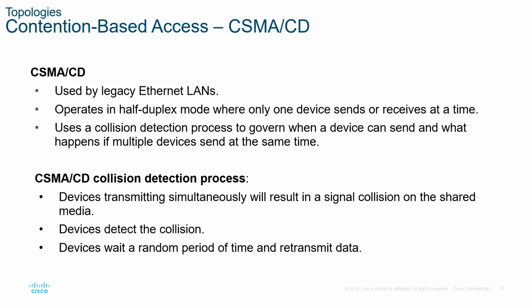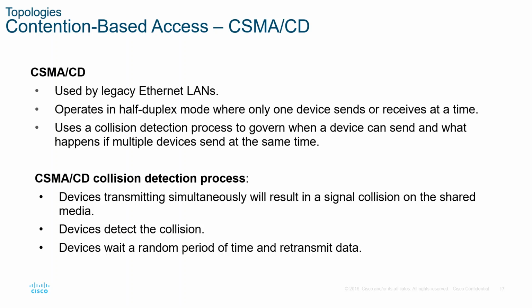Now, in the CSMA/CD technique, like I said earlier, it is used for hub-based bus topology or hub-based networks. CSMA/CD uses a collision detection process to govern when a device can send and what happens if multiple devices send at the same time.